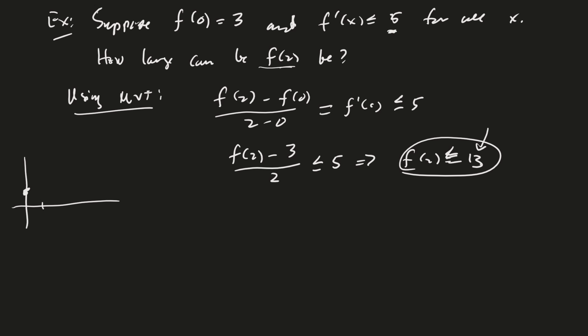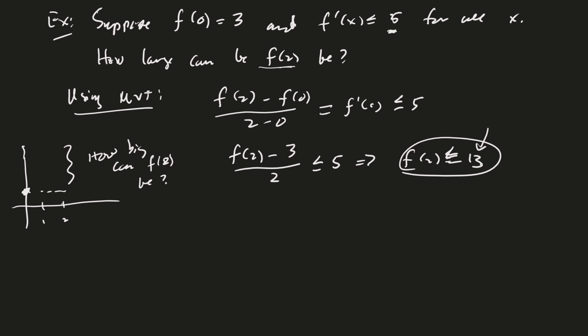But if you were just to guess, if you're going 2 units over, and your derivative is less than or equal to 5, then you know you're going up. And so the question is how big can f of 2 be? Well, you can find your maximum by maximizing the velocity, from our racetrack principle.